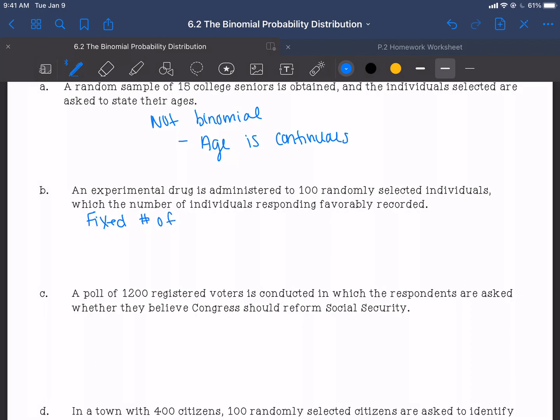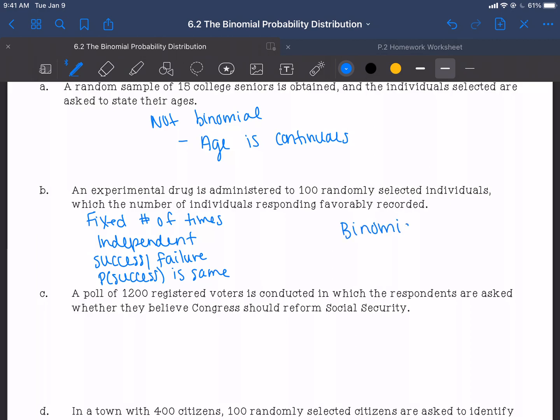The trials are independent, there is success or failure, and the probability of success is the same for all the trials. There's nothing that changes that. Therefore, this would be a binomial probability experiment.